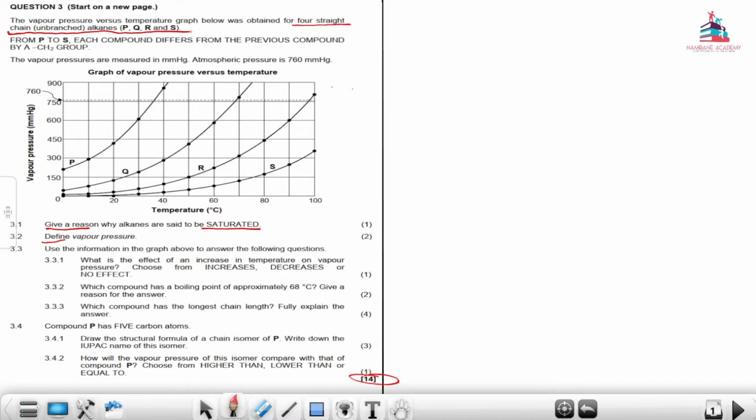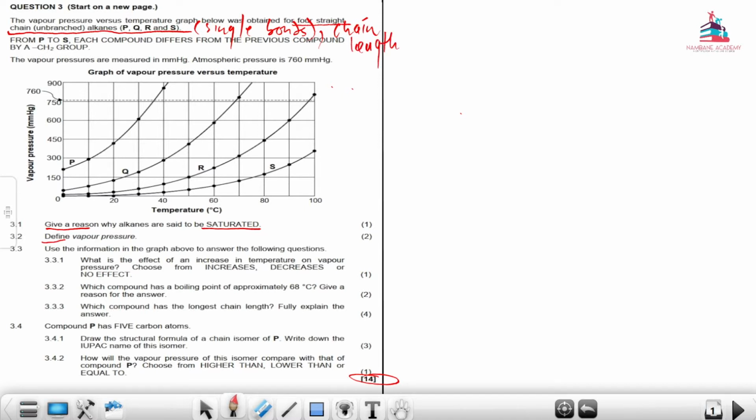So basically we are working with single bonds because we are told that it's alkanes. Can we further extend it? Yes, we can extend it: if all of them are unbranched, the factor that will be assessed is the chain length.